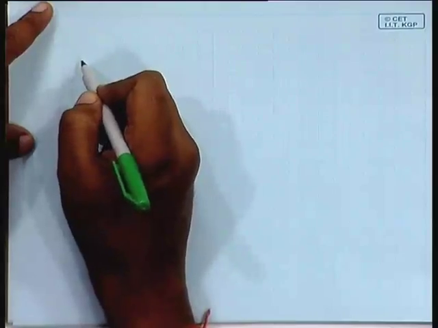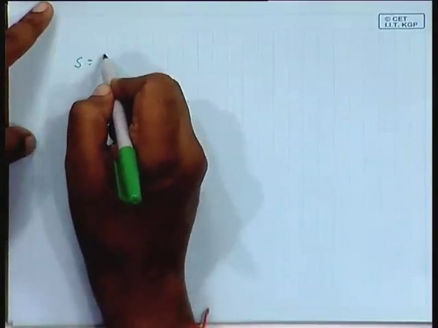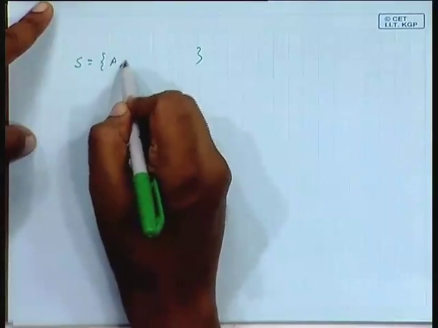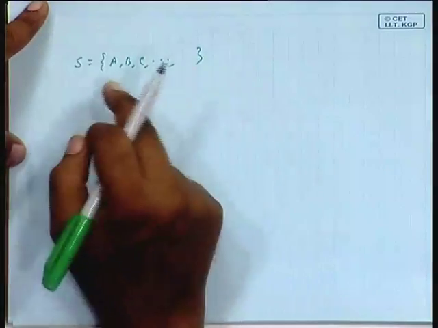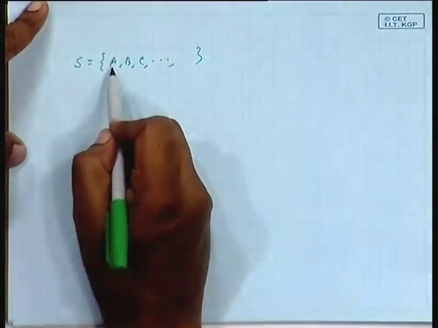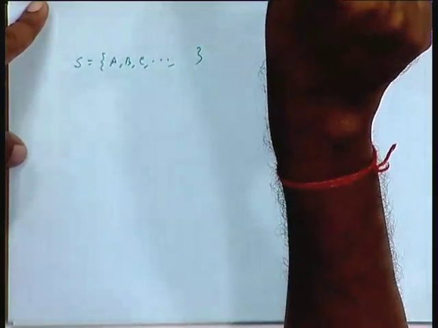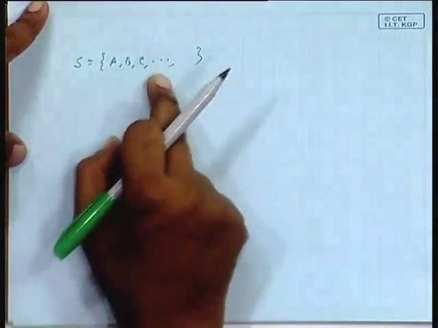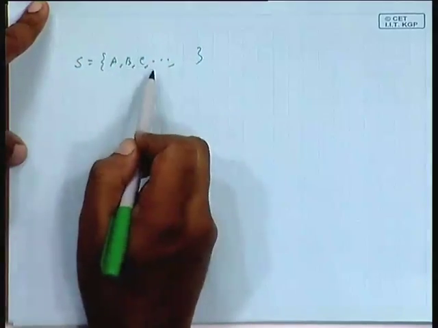I define something called the folding set S. S will consist of, say, A, B, C, and so on, where A, B, C are various nodes of the same type, like U prime, U double prime. It could be A, C, B, it could be C, B, A, and this order is important.